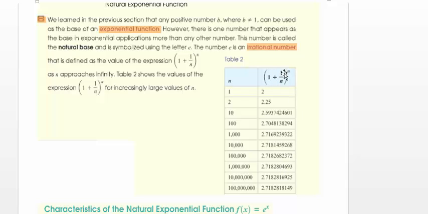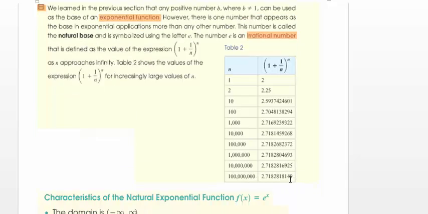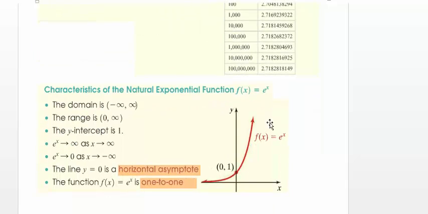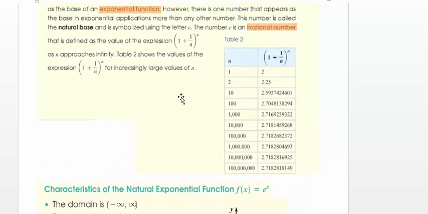Similarly, when I let n equal 10, and then 100, and then 1,000, 10,000, 100,000, a million, 10 million, and 100 million, I see that I'm making large changes in the value of n, and I'm getting very small changes in the value of 1 plus 1 over n to the nth.